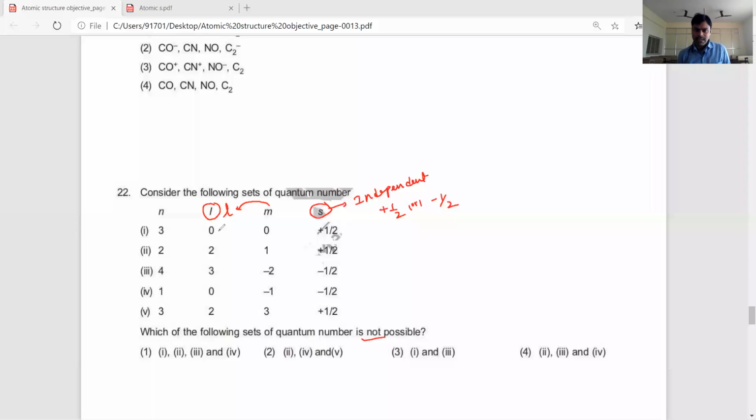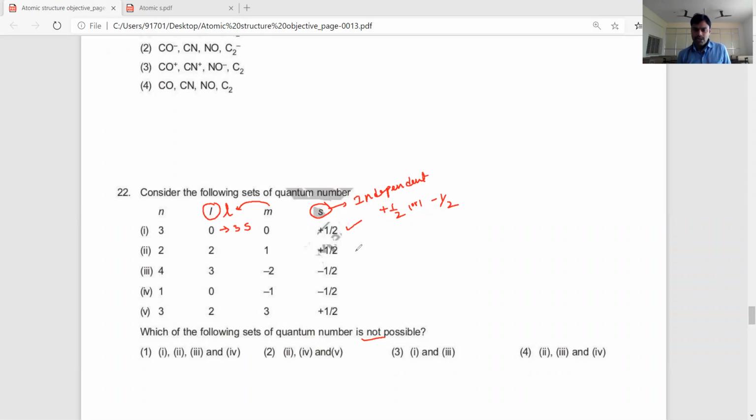n is equal to 3, L is equal to 0 means that is 3s, a 3s orbital. So the m value is 0. For an s orbital, the m value is 0, then it is correct. Now let's see the second one. n is equal to 2 and L is equal to 2.